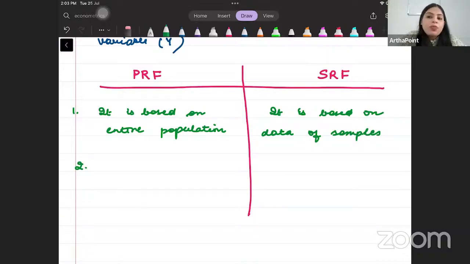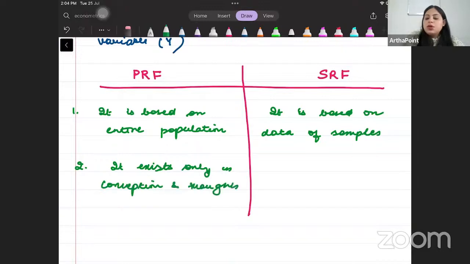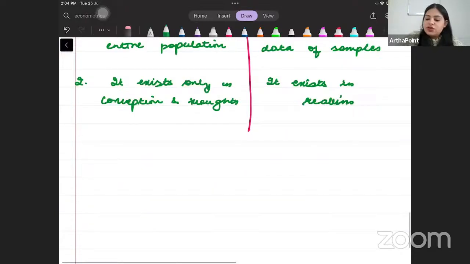So because the population is not at disposal, you can only think about the population regression function. You cannot achieve that in reality. So what can we say? That it exists only in conception and thoughts. But the sample regression function exists in reality.